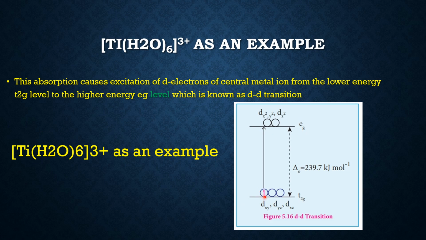The splitting energy will be delta O, where O means octahedral, 239.7 kilojoules per mole. So this much energy is involved for your d-d transition.